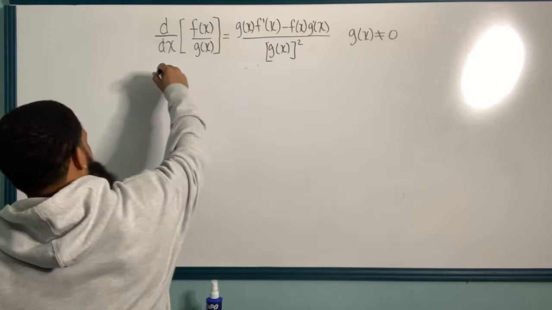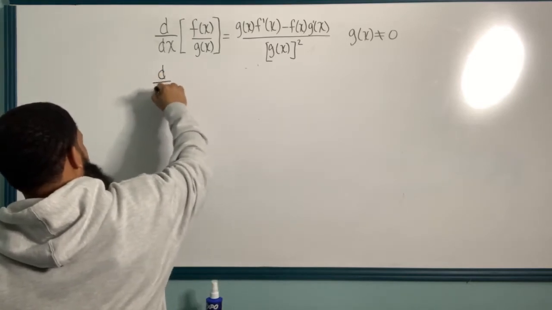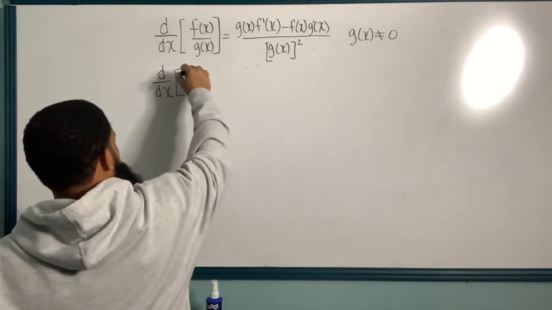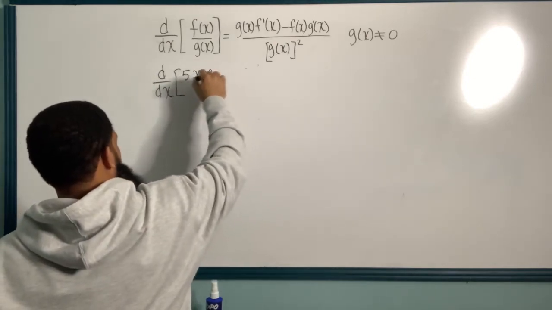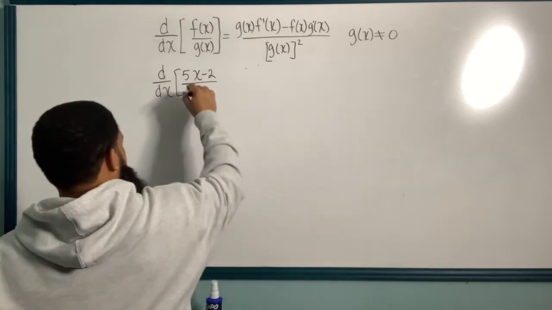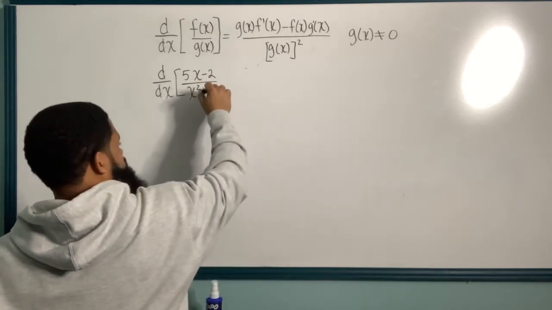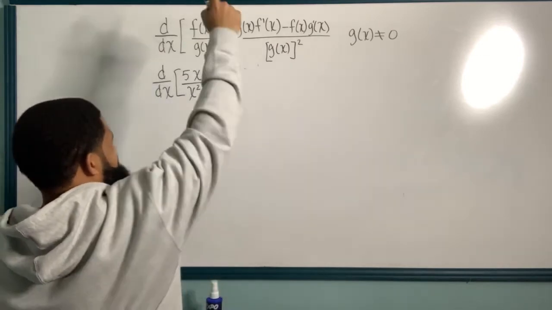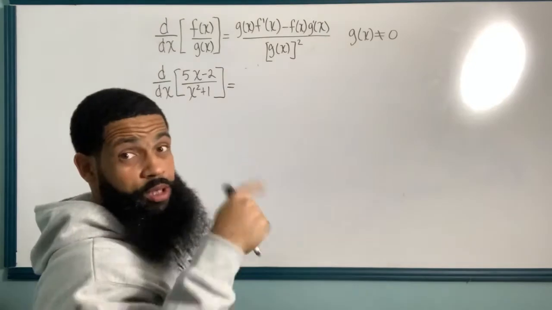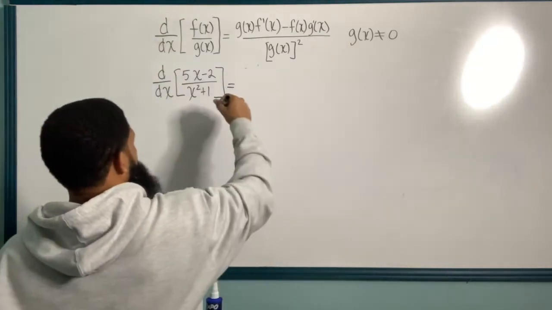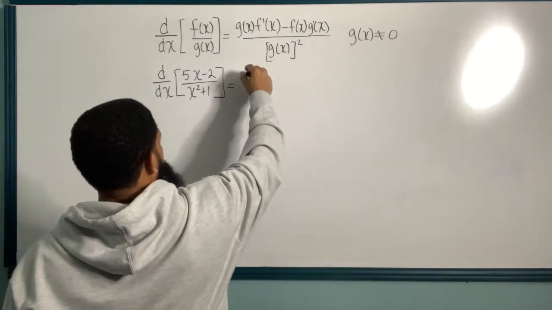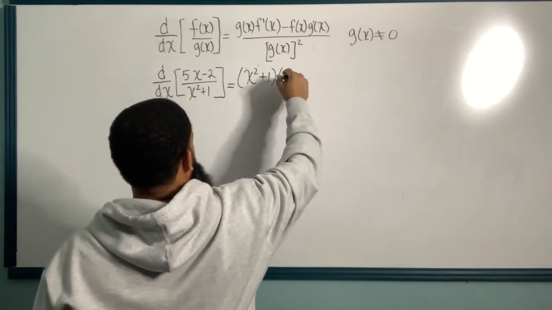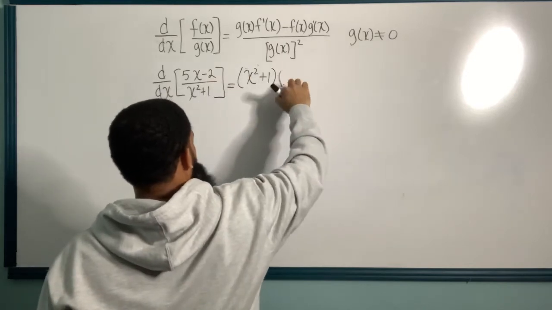So if I want to find the derivative d dx of, let's say, 5x minus 2 over x squared plus 1. All right, so now, in this case, f of x is the numerator, g of x is the denominator. All right, so we're going to take x squared plus 1, put that in parentheses, times the derivative, actually, let's write d dx.